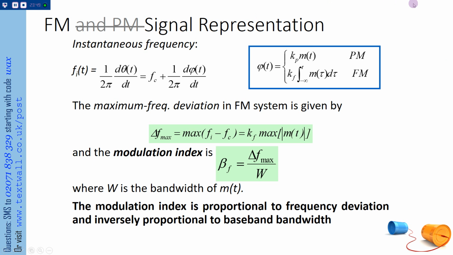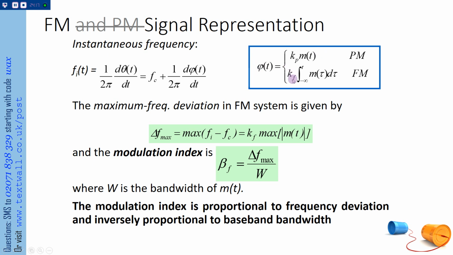So, let's look at FM. If you think of the phase, phi of t, as being a function of the message signal m of t, so directly proportional, so phi of t is just some factor multiplied by m of t, that's what we call phase modulation.